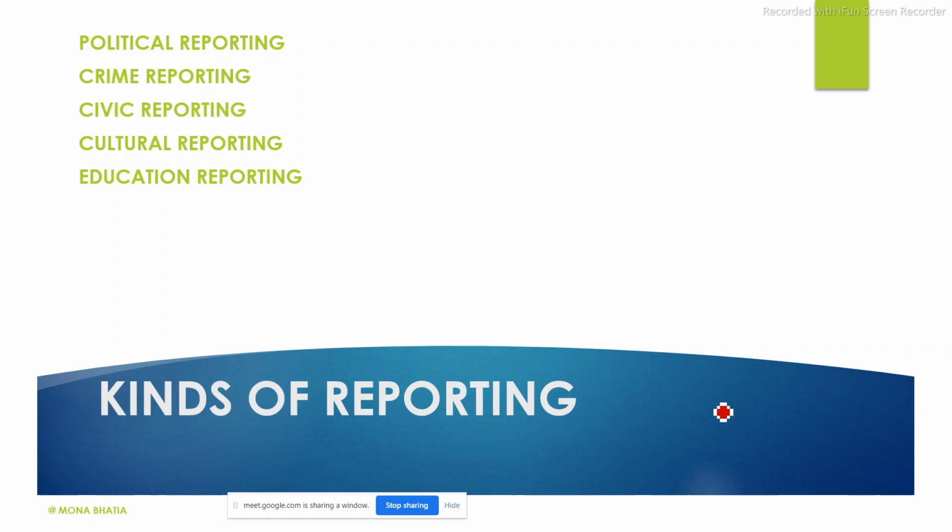Okay, so this is how they want to keep you informed about whatever is happening. And education reporting also covers it when education ministers make some changes in the education policy. Okay, journalists who have an inclination towards academics and this mindset may opt for educational reporting. Okay, now next is health reporting.